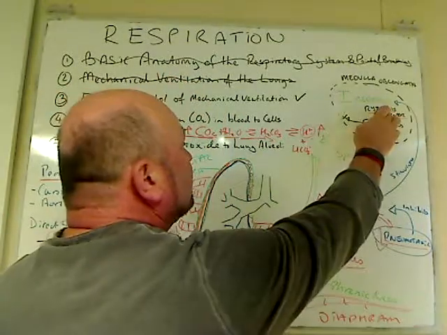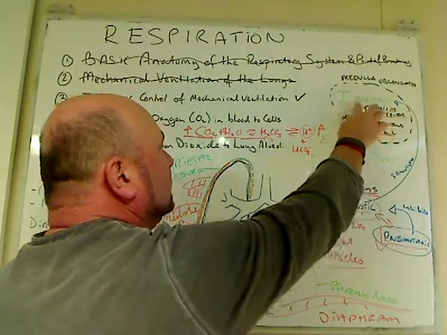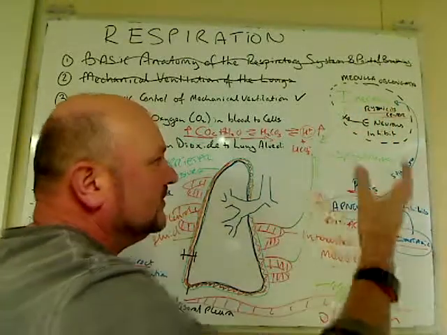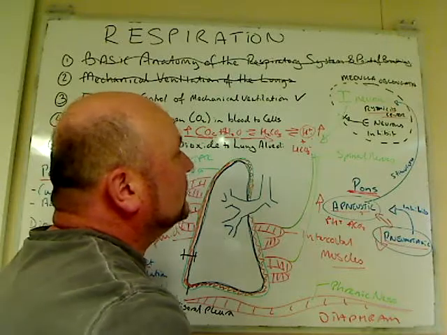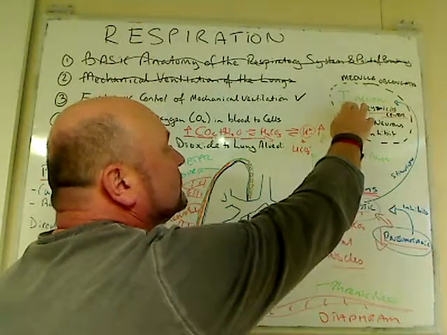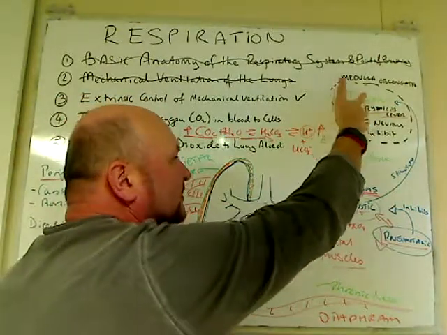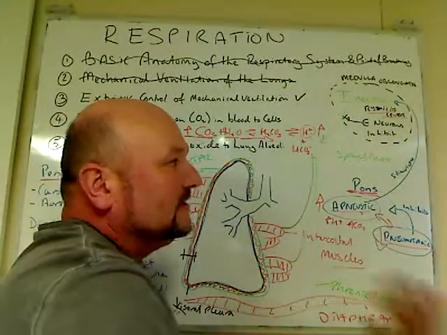Now, in the rhythmicity center, we've got two neuron areas, the DRG and the VRG, which you can look up in the PowerPoint if you're interested. The I neurons are so named because they are for inhalation, the E neurons for exhalation.